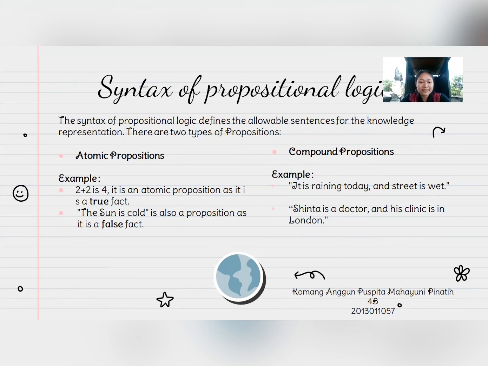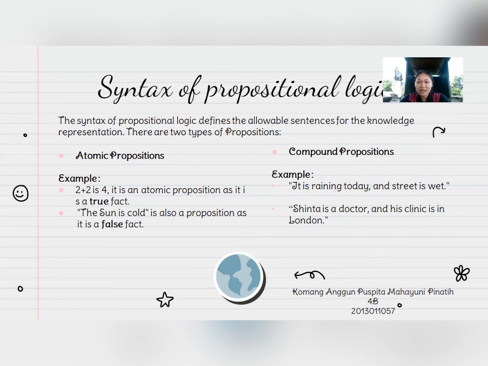These are sentences which must be either true or false. I have two examples for atomic propositions. First is 2 plus 2 is 4. It is an atomic proposition as it is a true fact. And the second example is the sun is cold. It's also a proposition as it is a false fact.